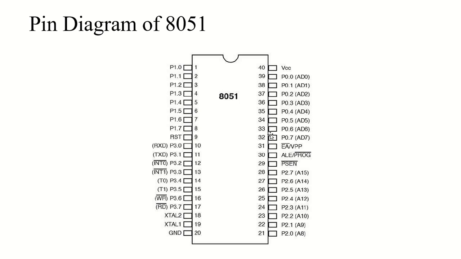Now coming to port 2. Again, as you can see, it occupies a total of 8 pins, pin number 21 to pin number 28. It contains the A8 to A15 address lines, and it can be used as an input and output port too.